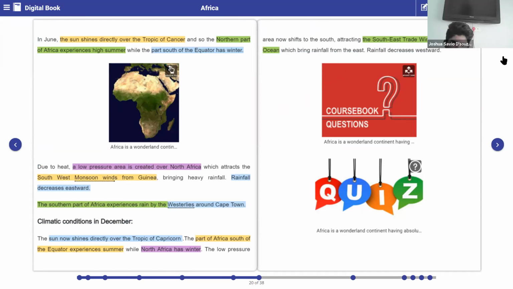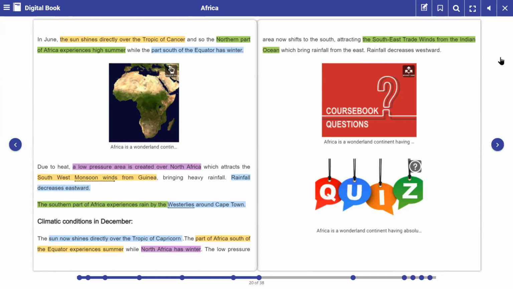Yes, ma'am. In December, whatever is happening in June, it's completely opposite. Over here, in June, when do they receive rainfall? First, tell me, June, where do they receive rainfall? In the southern part.